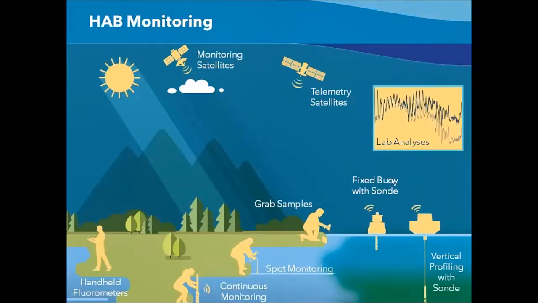This slide is a beautiful picture that a friend of ours at YSI, Patrick Beatty, made for me, capturing many different tools, from really inexpensive but really handy handheld fluorometers that only measure chlorophyll or phycocyanin, to more sophisticated tools such as some of the multi-parameter monitoring instruments that we sell at YSI, and even some of the bigger systems like fixed buoys with a sonde or a vertical profiler, and even really sophisticated technologies that people like NOAA are using to monitor harmful algal blooms.